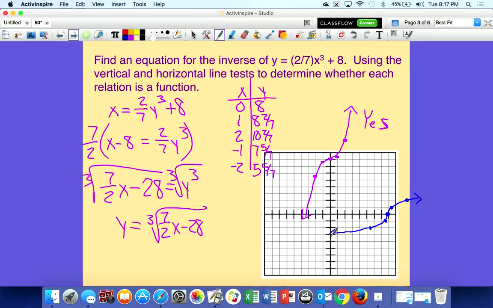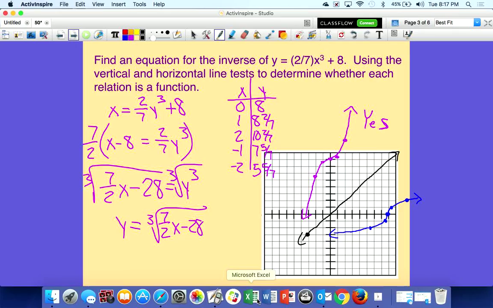Okay, now if you look really carefully, you can see that this does do a pretty good job, even with my drawing skills, of flipping over that line there. And I think it intersects right here, if I remember right. So my graph here is a little bit off, but I think it intersects there.